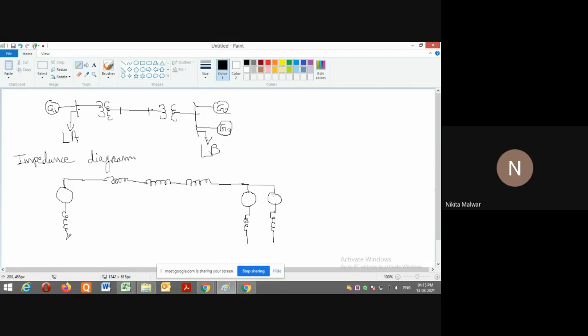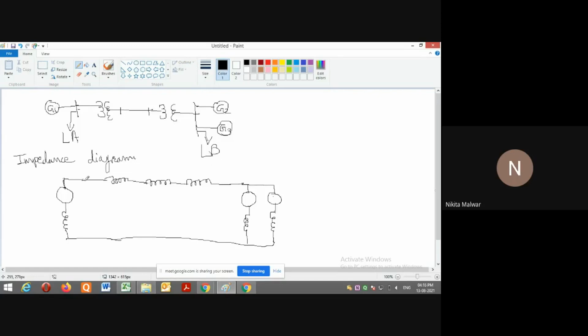So let us join. Okay. Now this load A and load B. Load A is connected parallel to generator 1, and load B is connected parallel to generator 2 and generator 3.